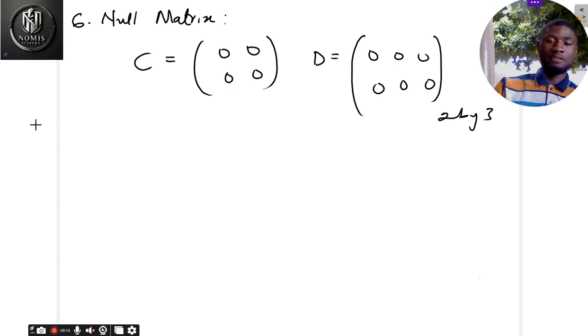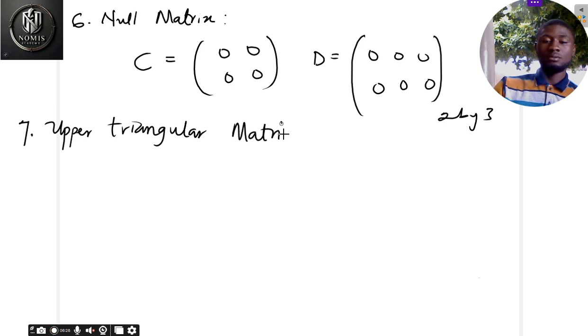Now number 7 type of matrix, we have what we call an upper triangular matrix.